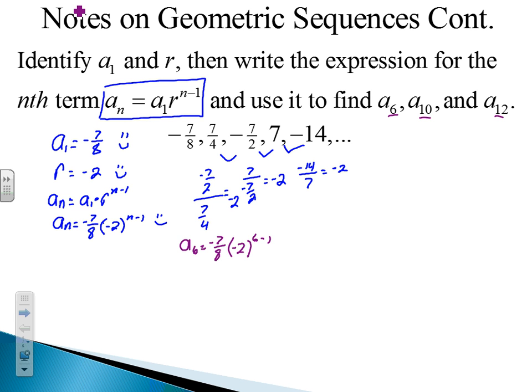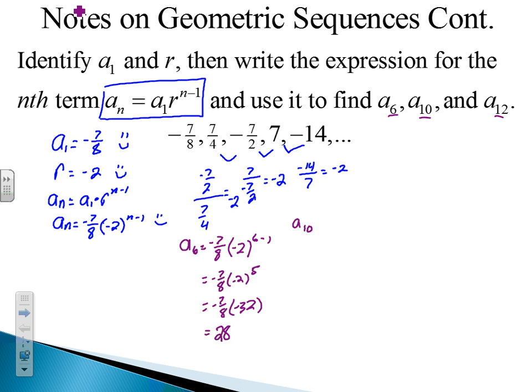Simplifying a little bit, that gives negative 7 over 8 times negative 2 to the 5th power. And negative 2 to the 5th power is negative 32. So now we're down to negative 7 over 8 times negative 32, which simplifies to 28. So there's a sub 6, and then I'll do it for a sub 10 and so on.